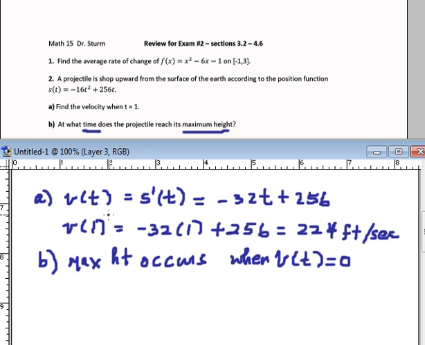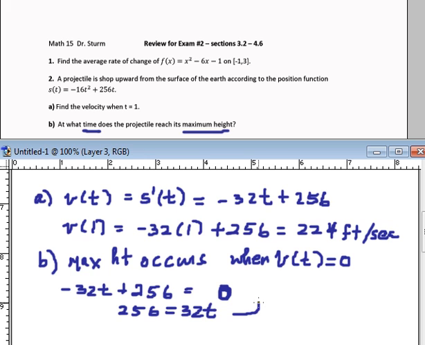Okay, so we have v of t up here, so just set that equal to 0 and solve for t, the time. All right, so we have v of t equal to 0. We're setting it equal to 0, so we get 256 is equal to 32t, and divide by 32.